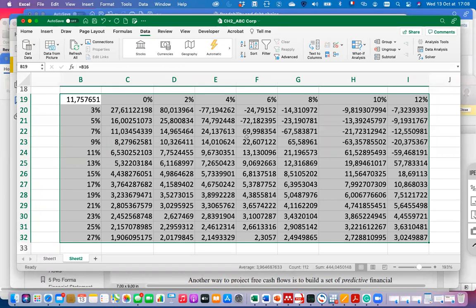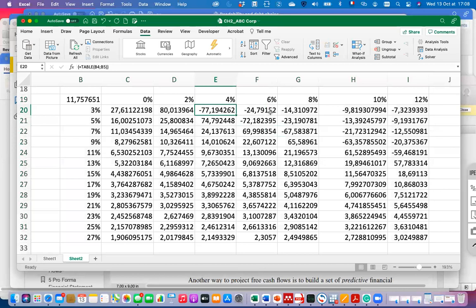Now, there are negative values here, right? Which has no meaning economically. There is no negative price. Negative price means that you are buying something and you are receiving money. So it has no sense economically, right? So why do we have negative values here? Because we didn't respect one of the assumptions of the Gordon-Shapiro model.